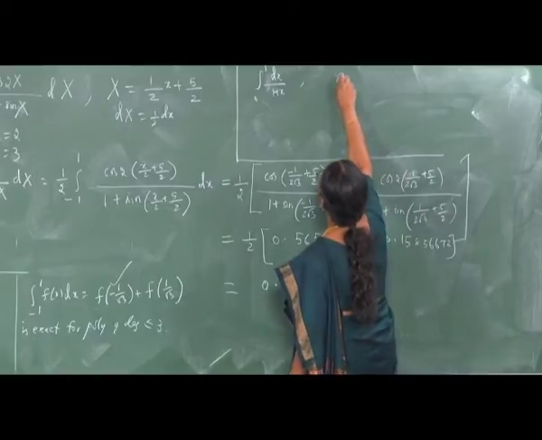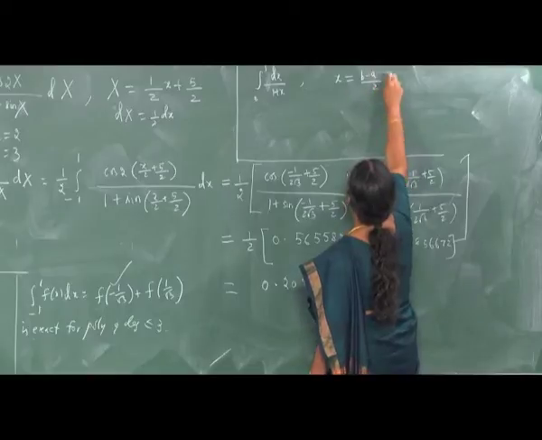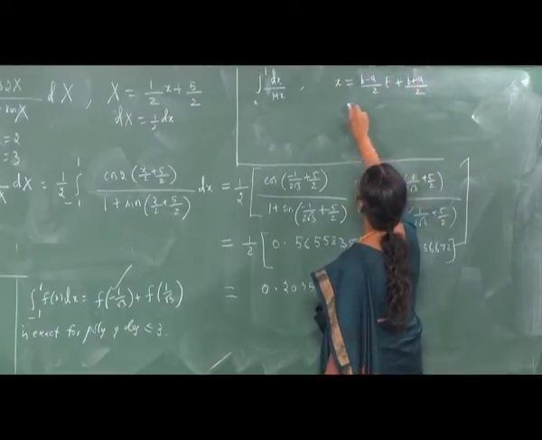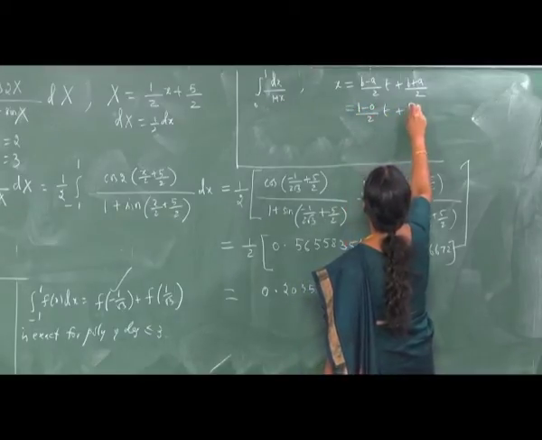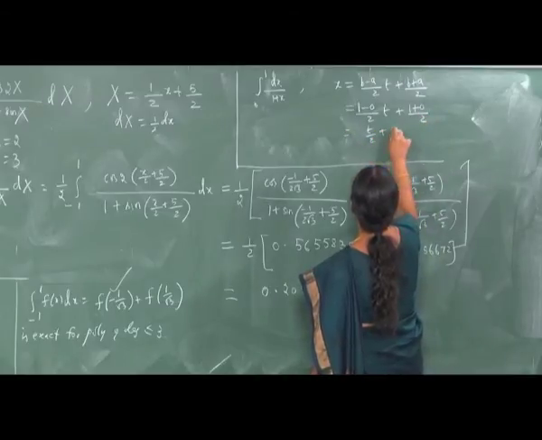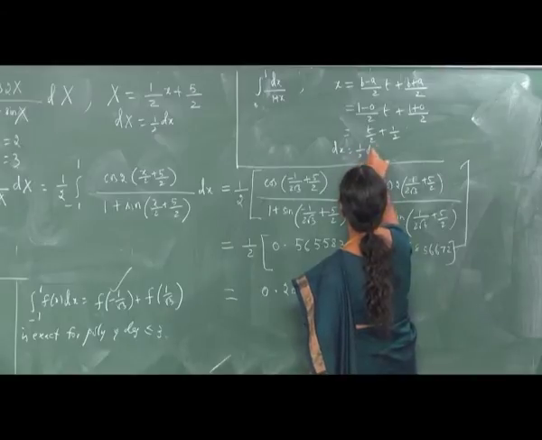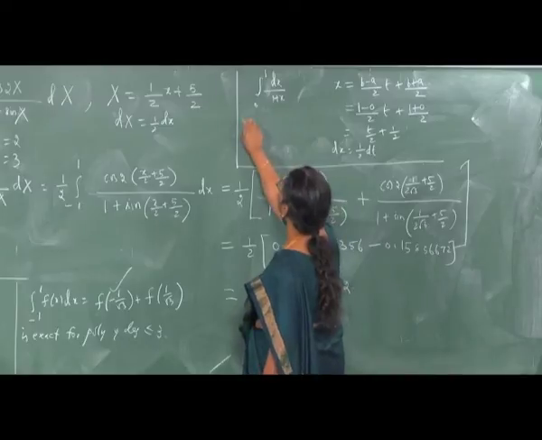So, I make the transformation x equal to b minus a by 2 into t plus b plus a by 2. What is b? 1, a is 0. So, 1 plus 0 by 2. So, it is t by 2 plus half. So, dx is half dt. What is the value of this integral?